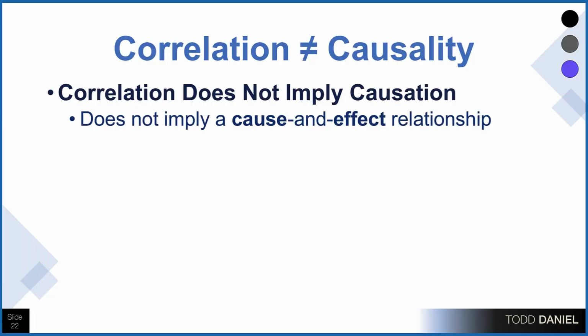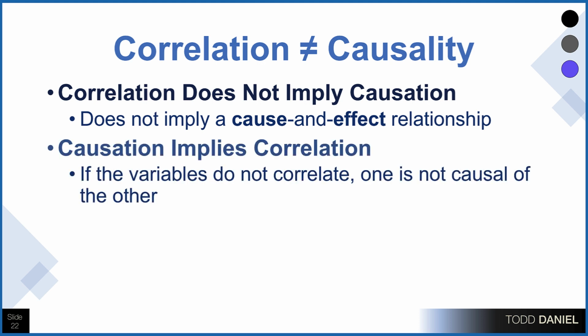Let's explore this interaction between correlation and causation. First of all, correlation does not imply causation. If there is a correlation, even a strong correlation between variables, that does not imply that there is a cause and effect relationship between those variables. However, causation implies correlation. If there is a causal relationship between 2 variables, there will be a strong correlation.